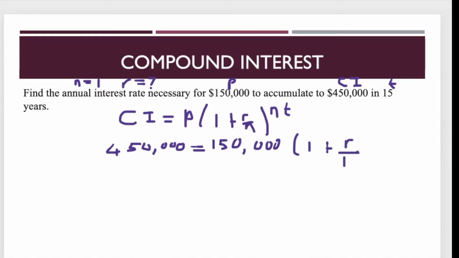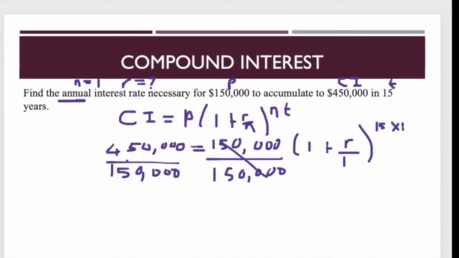N is 1 since the interest rate is annually. It says find the annual. That tells me it's annual. So NT, I'll have 15 times 1. Now I'm going to divide both sides by 150,000 because I want to make R by itself. So this cancels.